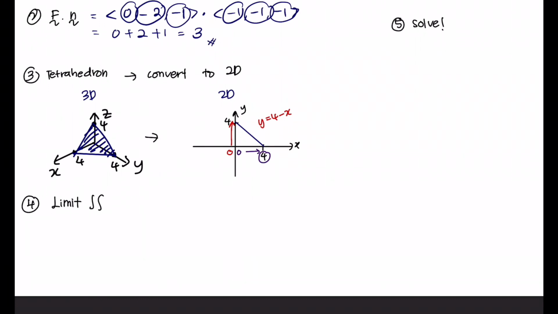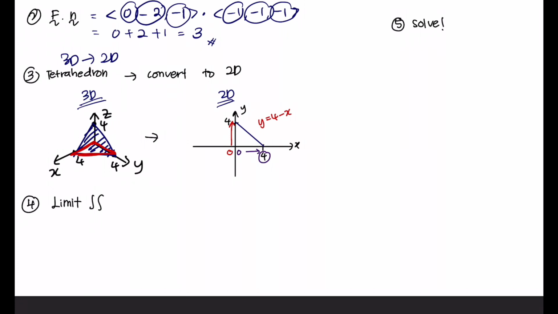Okay, step number 3, convert from 3-dimensional to 2-dimensional. So this is the 3-dimensional figure or graph, and you convert to 2-dimensional. We just consider this area only, the area in the xy axis, because we want to find the flux in the first octant.